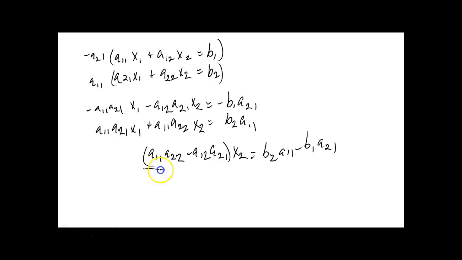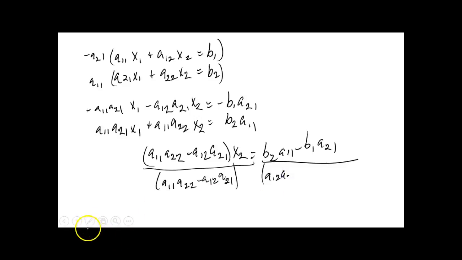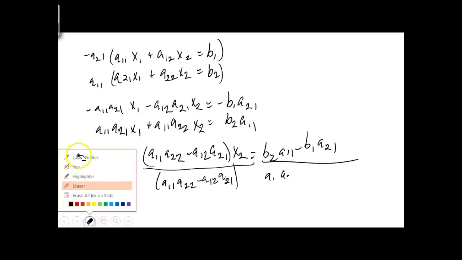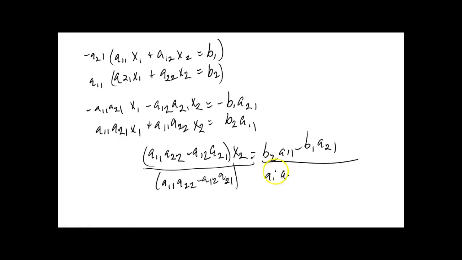And then we solve this by dividing both sides by A11 A22 minus A12 A21. Okay? That's what your X2 is.